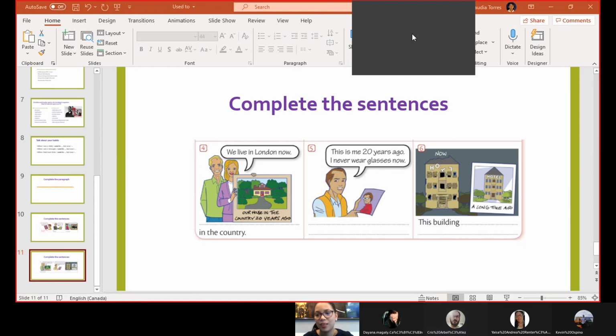Okay, guys. Now, for the last activity today, I'm going to ask you to do something different. What are you going to do? I want you to look for two pictures of a famous person.